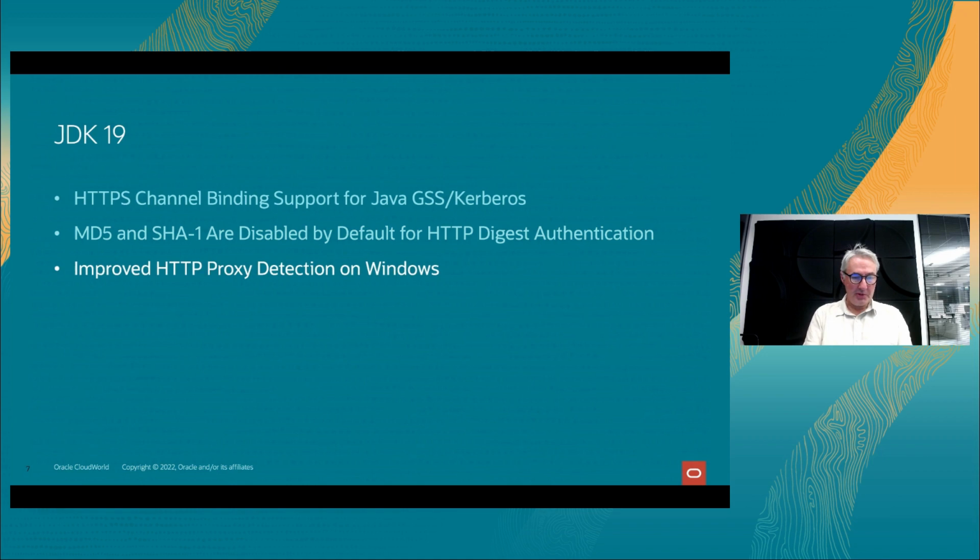So thirdly, we've improved HTTP proxy detection on Windows. Proxy detection is tightly integrated with the proxy configuration on the Windows operating system, and that comprises multiple different ways of configuring proxies.